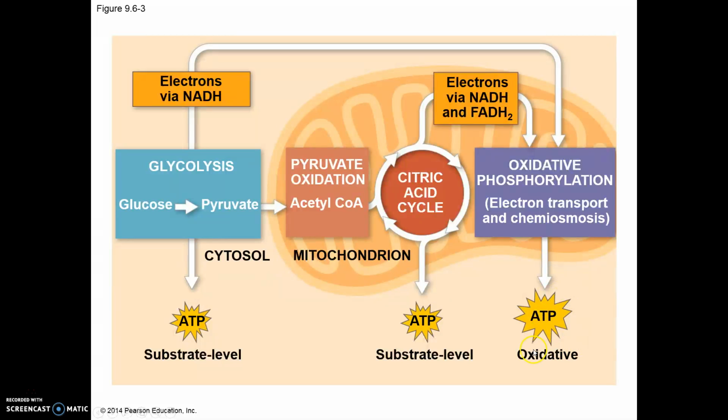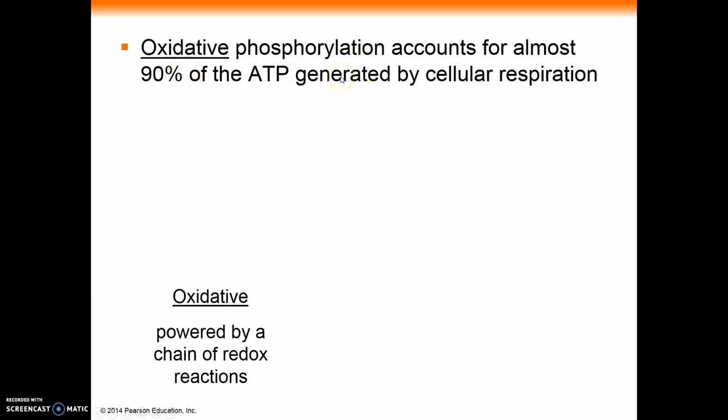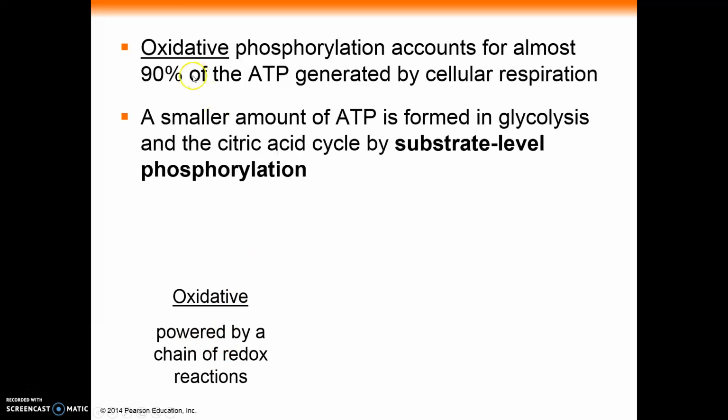This is where we get the most ATP. Along the way, we do harvest a little bit more ATP. So here in glycolysis, we get a little bit. And over here in the citric acid cycle, we also get a little bit. This is called substrate level ATP production. So if oxidative phosphorylation accounts for 90% of ATP, and this is powered by a chain of redox reactions, well, what is this substrate level phosphorylation?